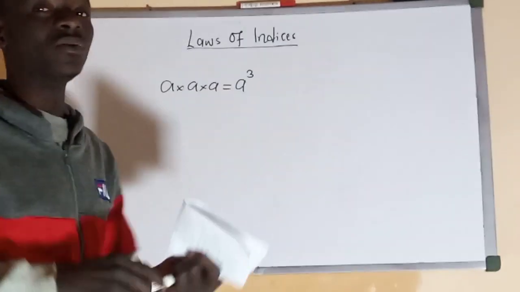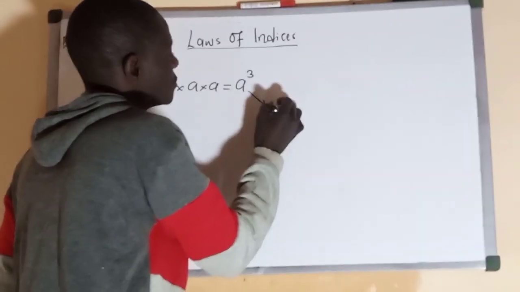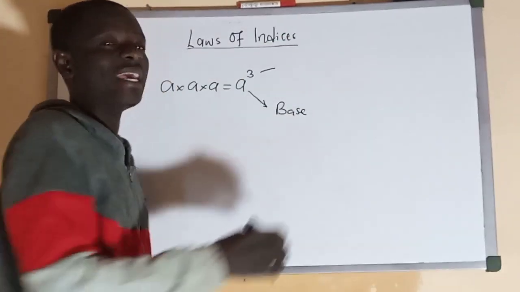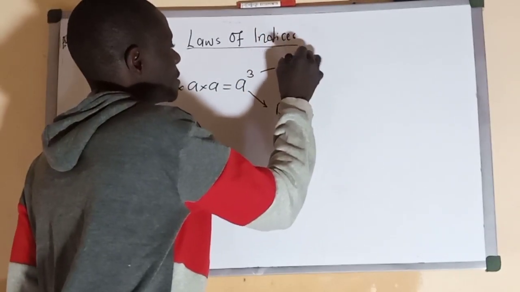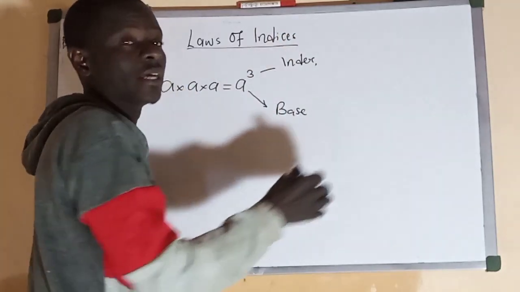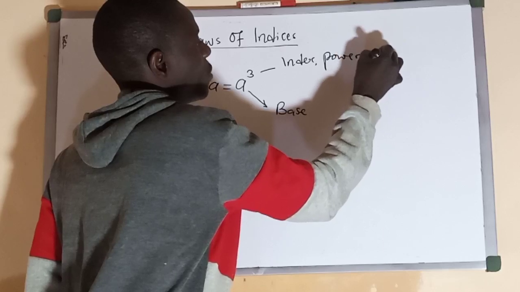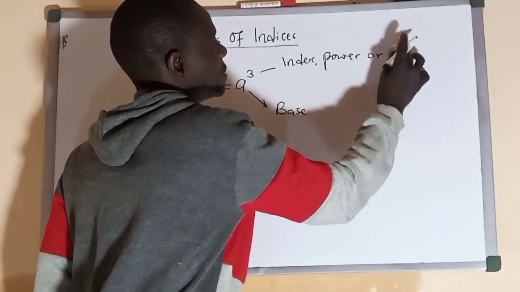This type of shorthand notation in mathematics is known as indices, whereas this number a is called the base number, and this one is called the index. This 3 is called the index power or exponent.